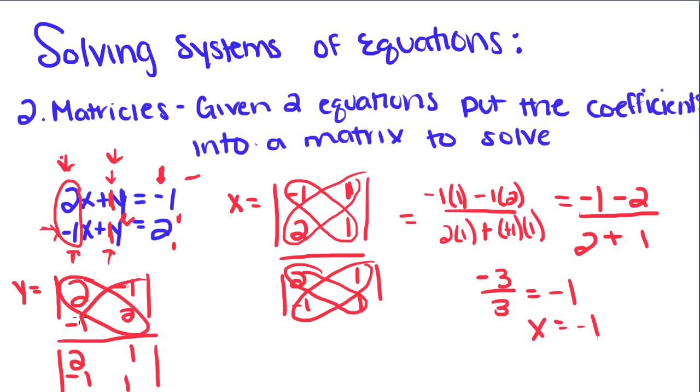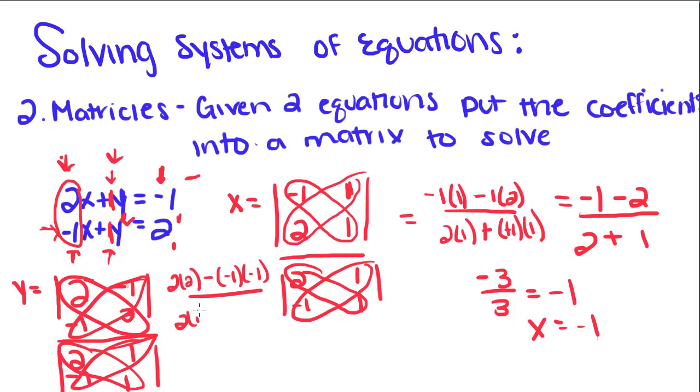And once again, you cross multiply. So you get 2 times 2 minus negative 1 times negative 1 over 2 times 1 minus negative 1 times 1. So here you get 4 minus negative 1 times negative 1, which gives you positive 1, so minus positive 1, over 2.